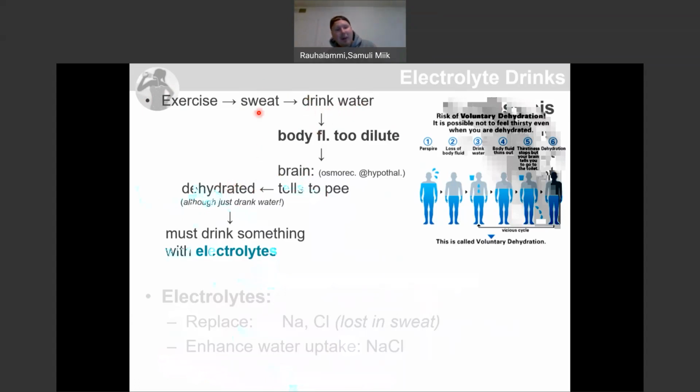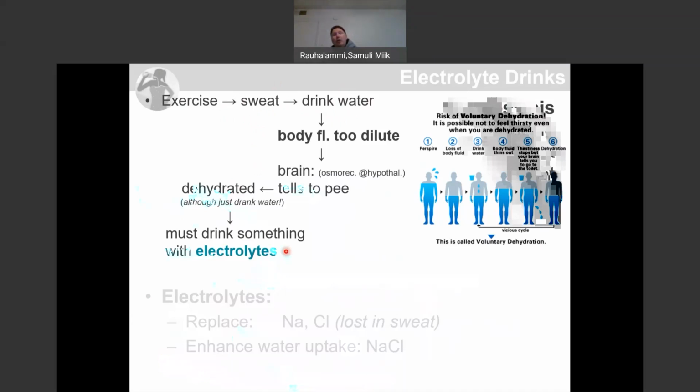Because in this case, if we're losing a lot of electrolytes through sweating, just replenishing the fluid concentration is not going to be enough. You should drink something with electrolytes. So often in these cases, we get a craving for salty foods and stuff. That's your body trying to get those electrolytes into your body.